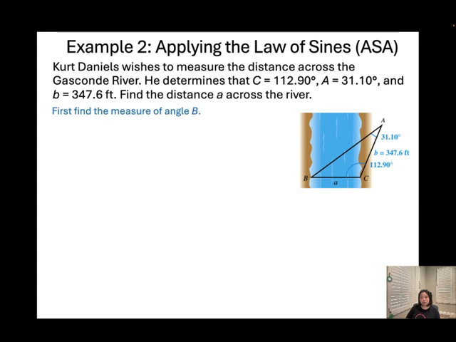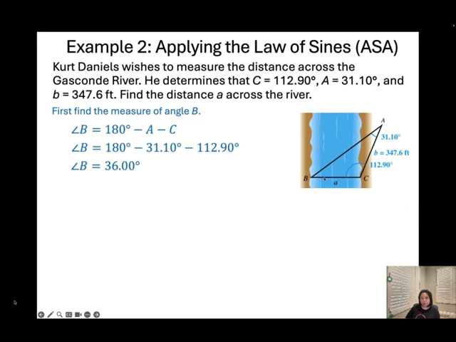First, we want to find the measure of the angle B. We know angle C, angle A, and the side b here. So first, we want to figure out what your angle B is. So you know angle A, you know angle C. So you could do 180 minus A minus C here. Plug it in. Use your calculator. You should get 36 degrees.